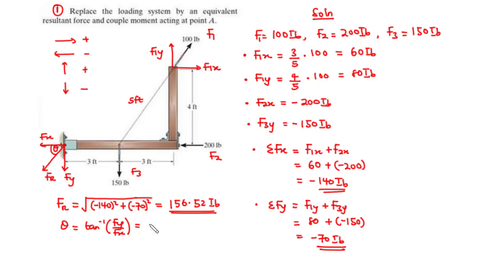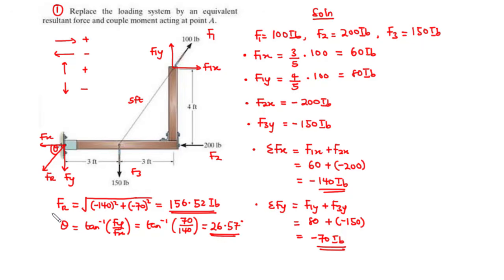Now this is equal to tan inverse of, now at this point you are going to neglect all negatives, so you have 70 divided by 140, and that will give you 26.57 degrees.